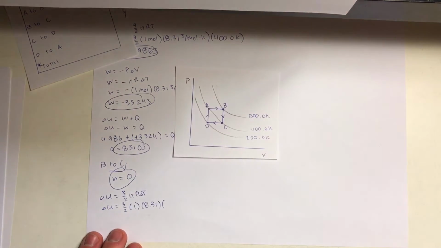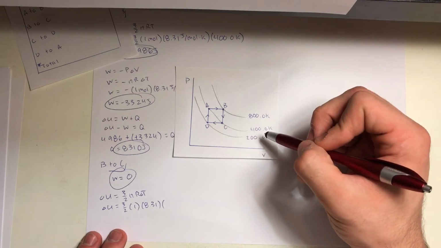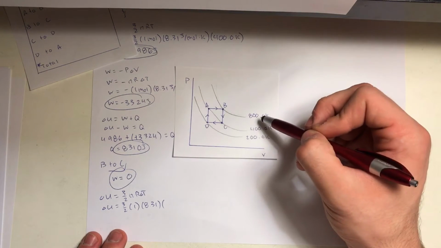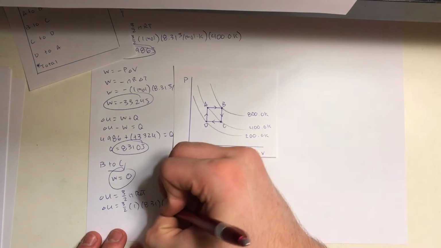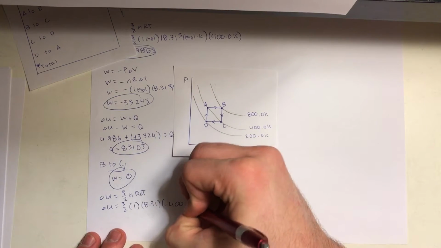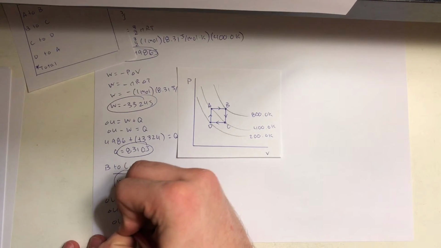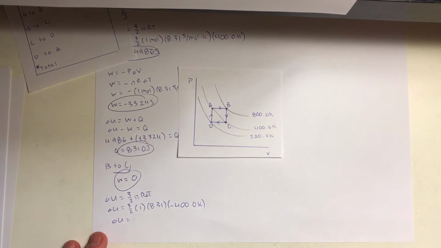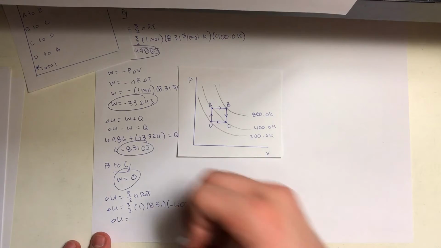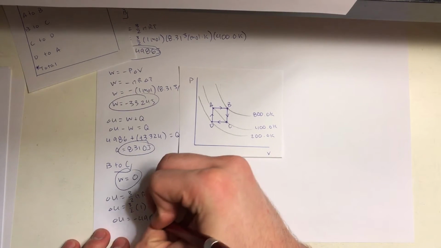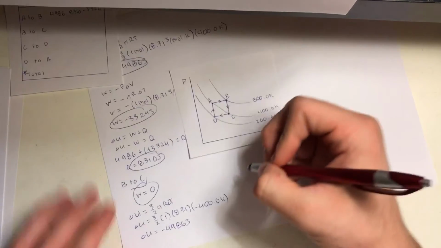And this time the change in temperature, since we are going from B to C, final minus initial, is negative 400 Kelvin. This time delta U is going to give us a negative 4986 joules.